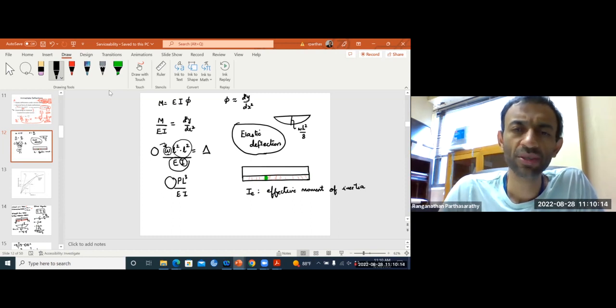So effective moment of inertia is some kind of an average between your cracked section and uncracked section. Depending on how much your applied moment is, you will see. Okay, let's say MA is your applied moment.